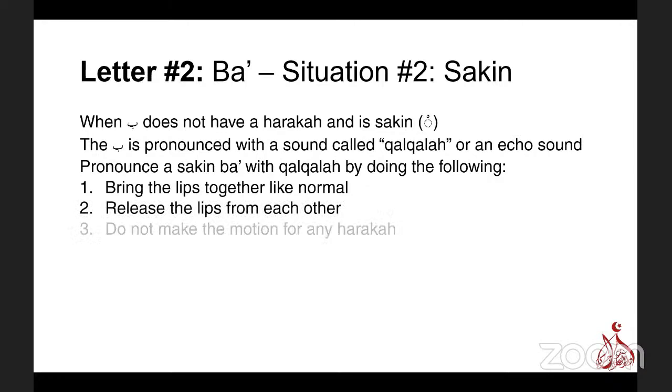And number 3 is not really a number 3, but do not make the motion for any harakah. You bring your lips together and you simply let them go. B, b. No lowering the jaw, no moving the jaw, no bringing the lips together from the sides, none of that. Just b. Lips come together and are released.